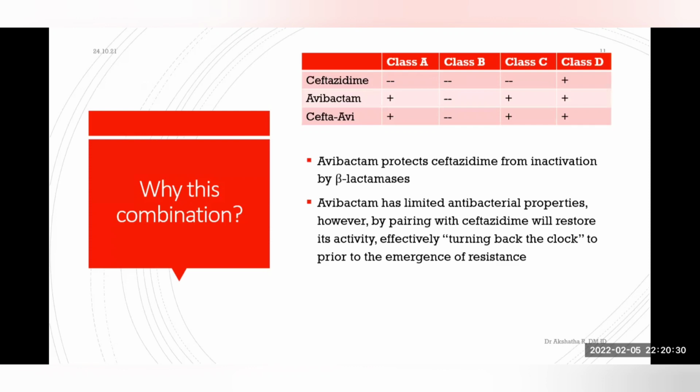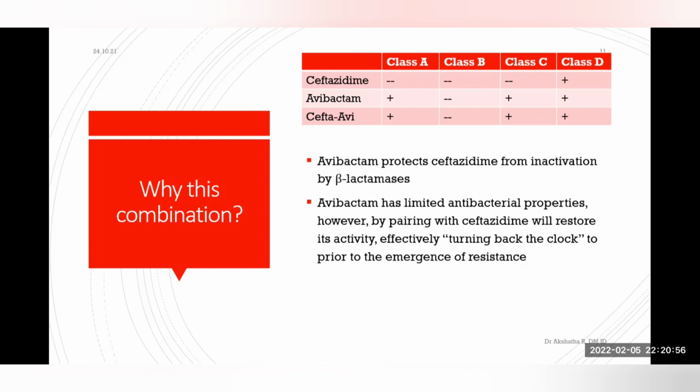So when you look at the rationale behind this combination of ceftazidime-avibactam, ceftazidime can act on class D, whereas avibactam protects the ceftazidime from inactivation by the beta-lactamases. Avibactam is a non-beta-lactam beta-lactamase inhibitor. It has limited antimicrobial properties.